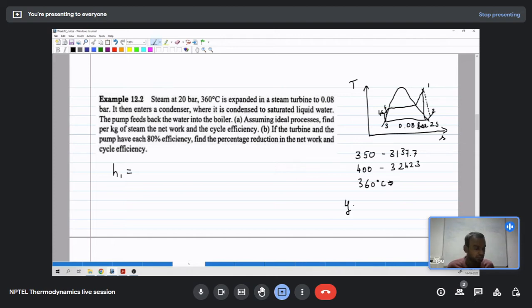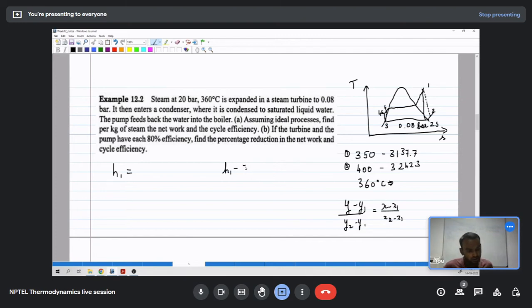We take the line equation: (y minus y1) divided by (y2 minus y1) is equal to (x minus x1) divided by (x2 minus x1). Here we assume temperature is x and y is enthalpy. I take the 350 point as 1 and the 400 point as 2 for the interpolation.